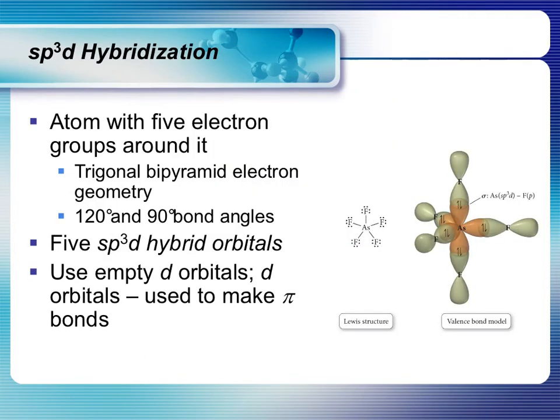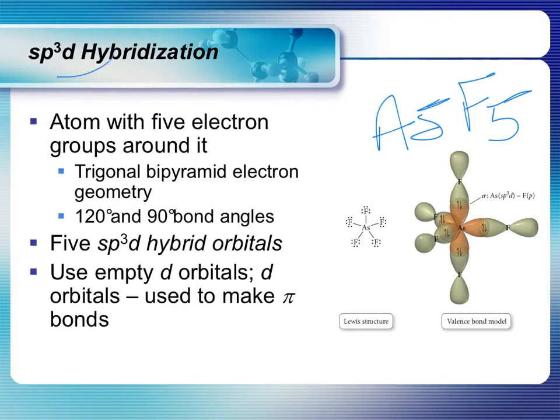All right, just to touch on the final two hybridizations. We've talked about sp, sp2, and sp3. What if you have a molecule that has 5 domains around a central atom? This is arsenic pentafluoride. If you have 5 domains, you need 5 equal hybrid orbitals.